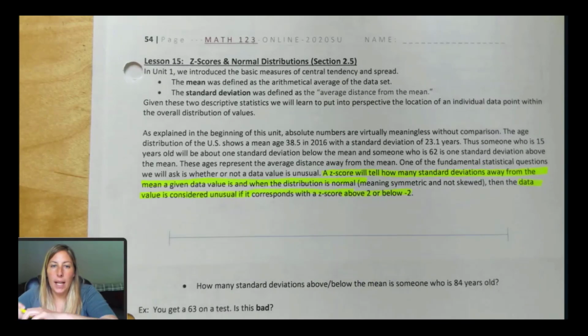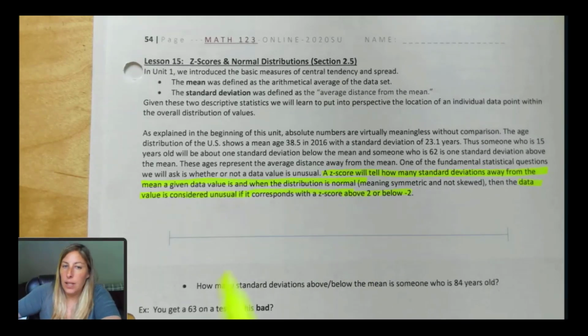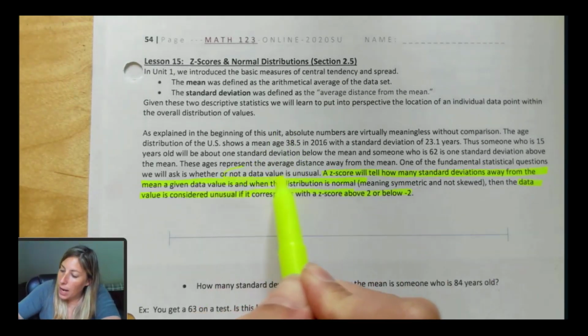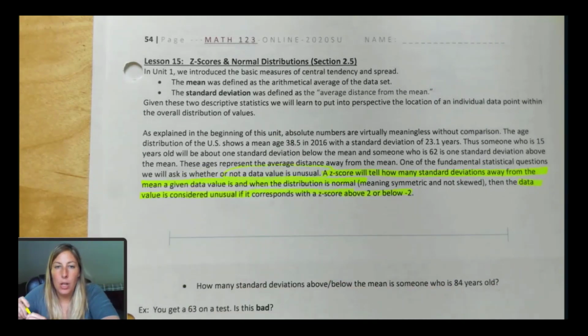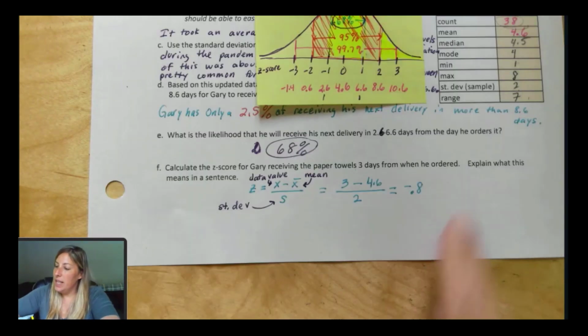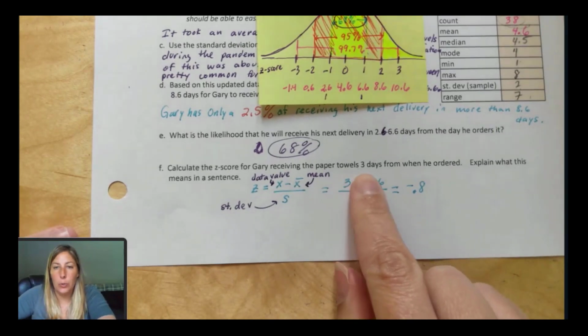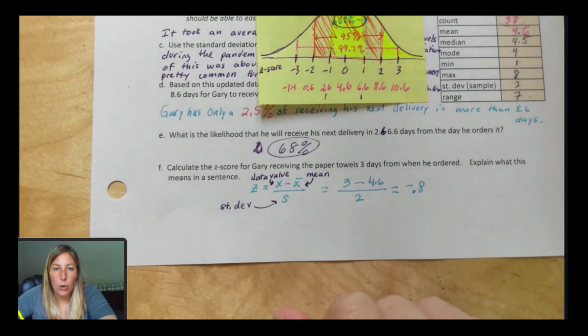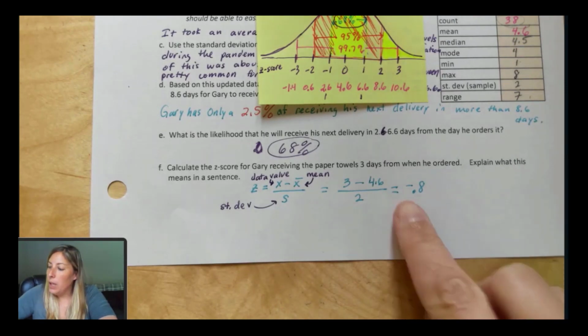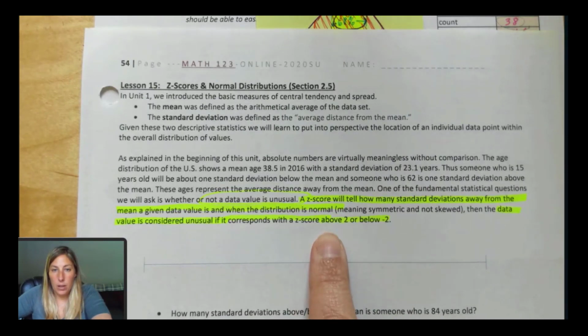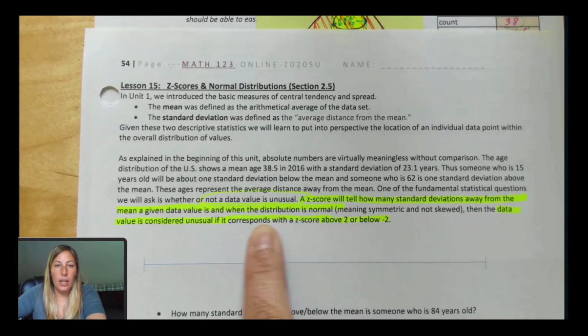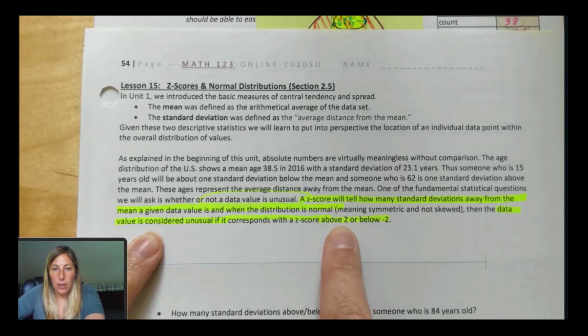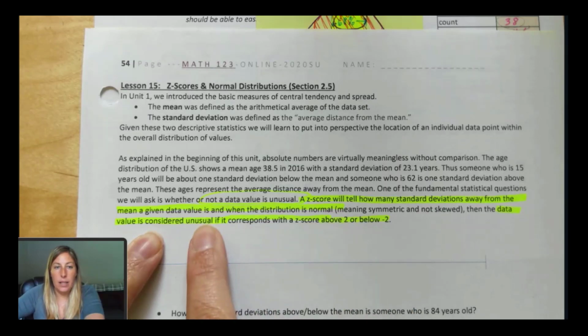So we're asking whether this value of paper towels taking 3 days is a usual or an unusual occurrence. Because we're getting a z-score of -0.8, as long as it falls between -2 and 2, which -0.8 does, we can consider it usual. Only if it's outside of these values, above 2 or below -2, is it considered unusual.